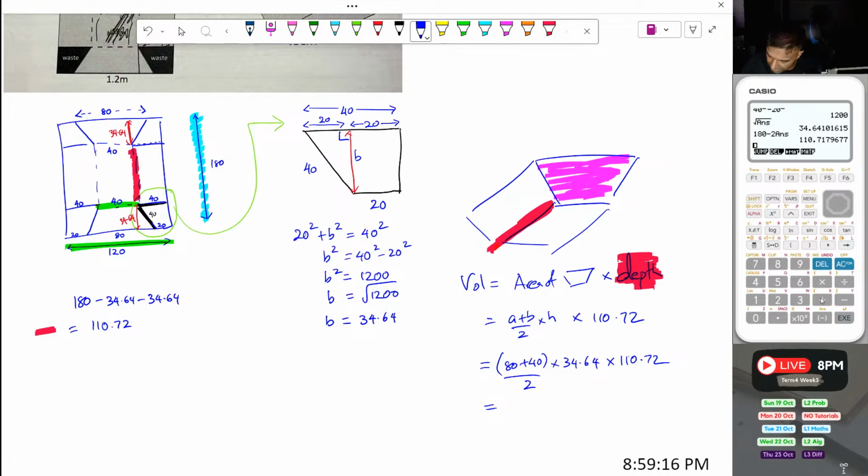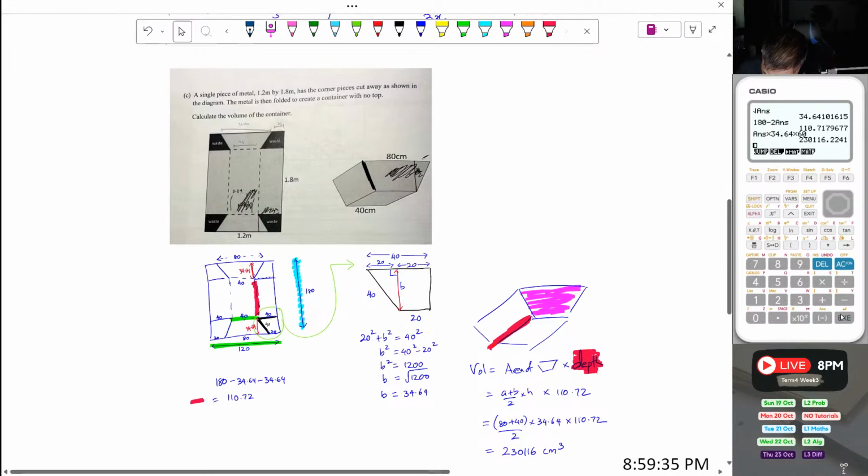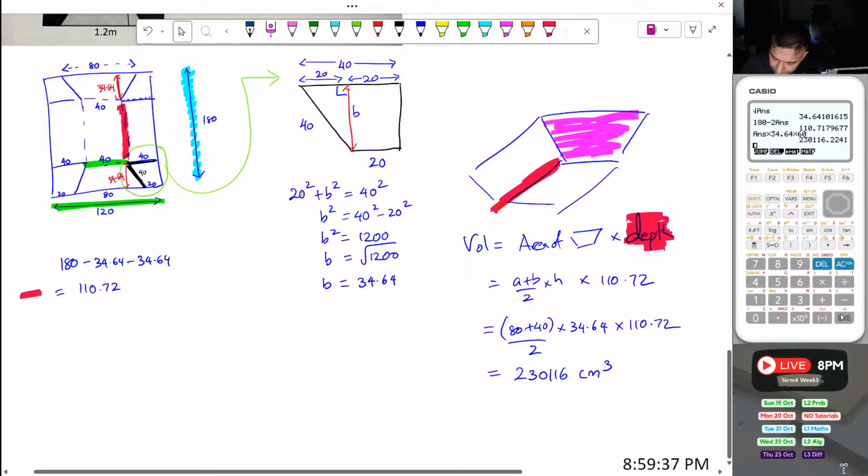So I'm going to get 110.72 times 34.64 times 120 divided by 2, that's equal to 60. And I end up with 230,116 centimeter cube. I think that's what it's asking for.